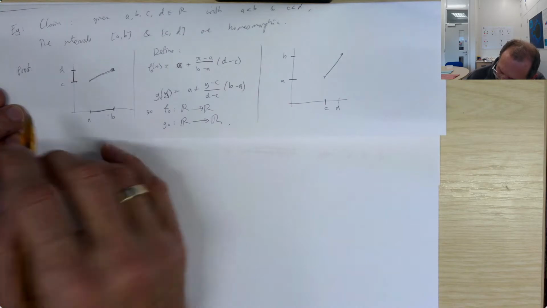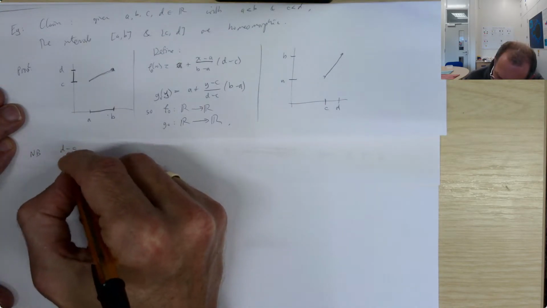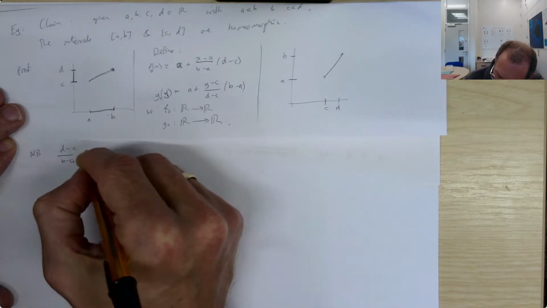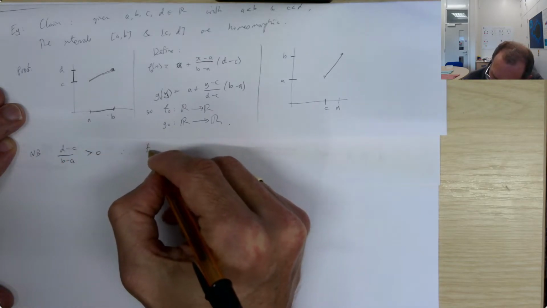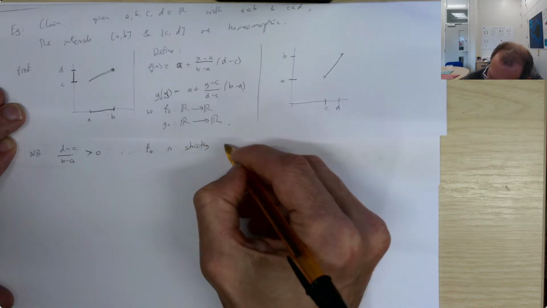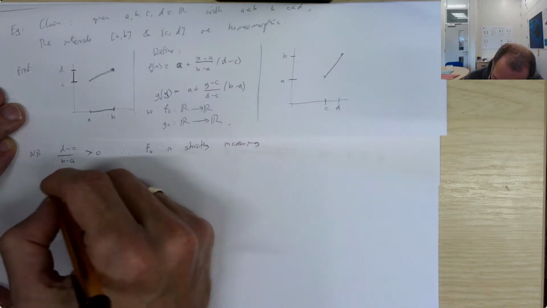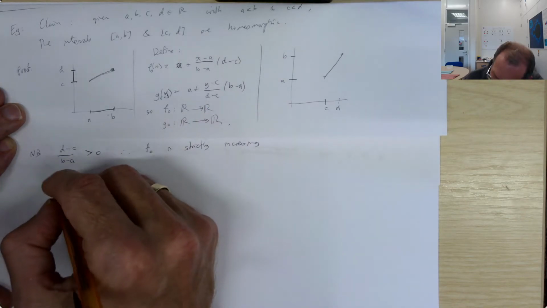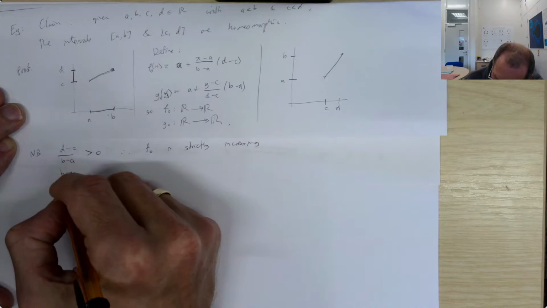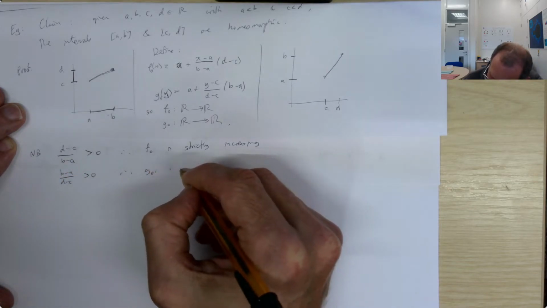But let's just notice, we've got (d minus c) over (b minus a), that's going to be greater than 0. So f naught is strictly increasing. And similarly the other way around, (b minus a) over (d minus c) is greater than 0, so g naught is strictly increasing.